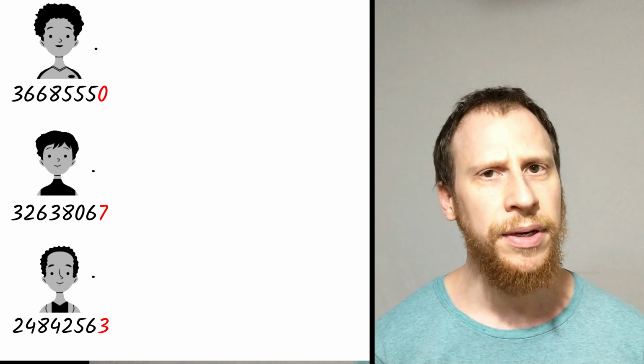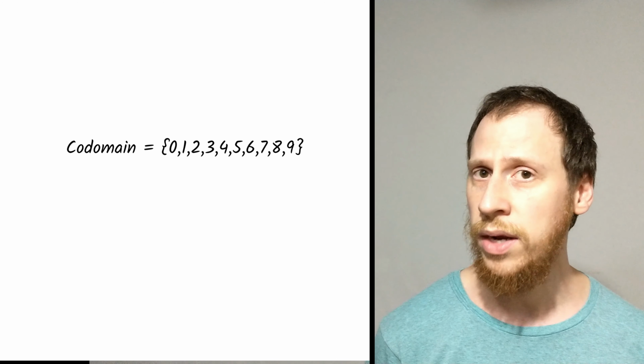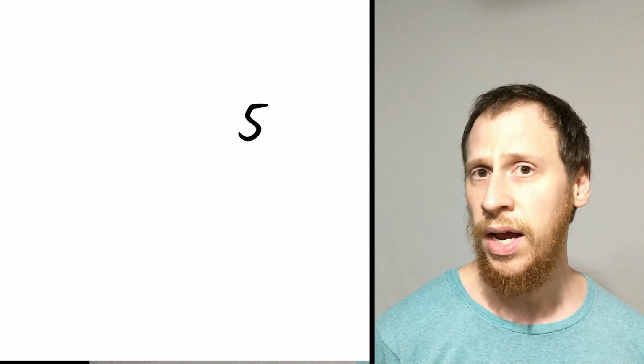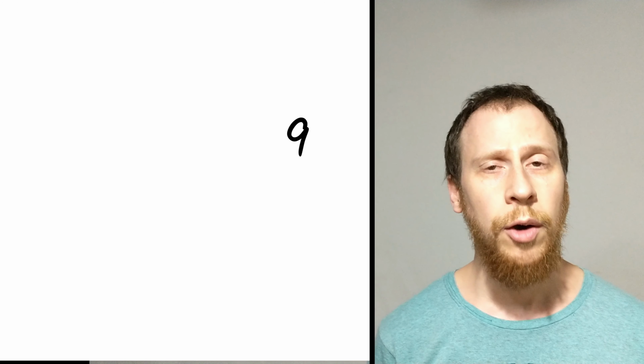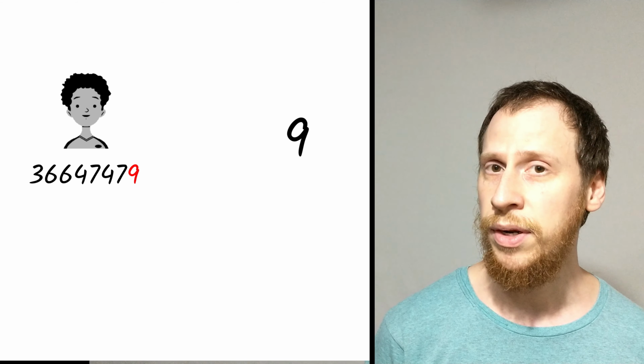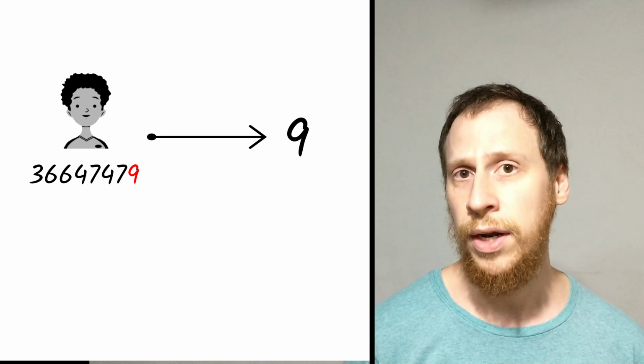On the other hand, if instead of assigning their ages, we assign the last number of their identification numbers and consider the codomain to be the numbers 0, 1, 2 to 9, then this is going to be a surjective function because no matter if we take the number 5, 7 or 9, we will always be able to find a person whose identification number ends with 5, 7, 9 or any other number considered.